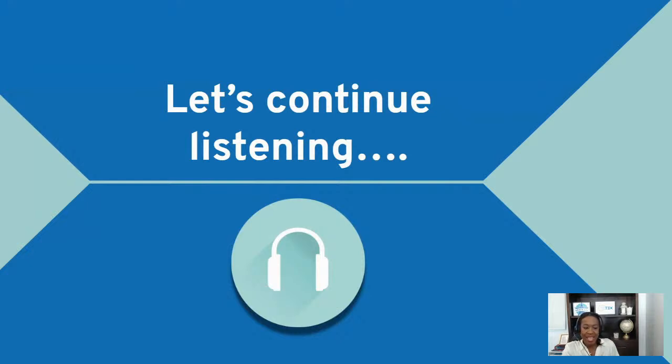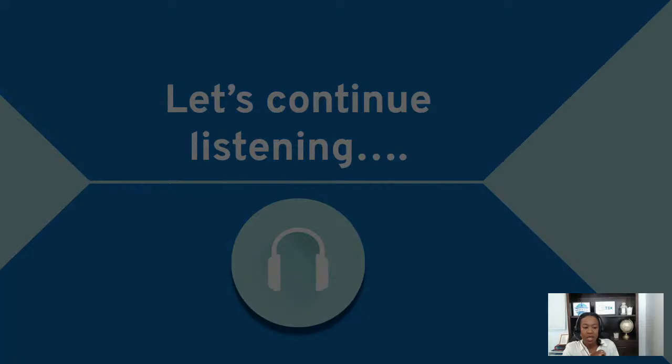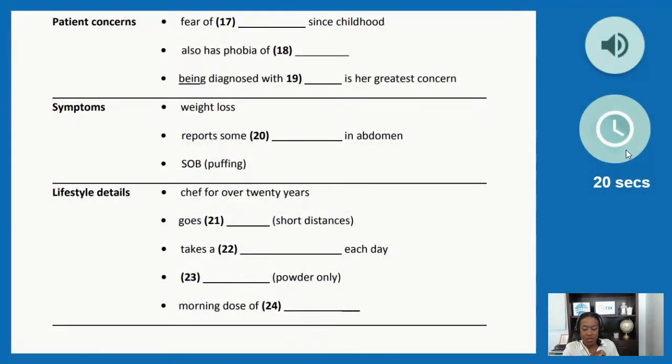Okay, so you've got 8 questions left to complete. In the test, you're given 30 seconds to complete 12 questions. So I am going to give you approximately 20 seconds to complete these. So, well, anticipate rather. So you're going to first anticipate and then you're going to listen to the audio.